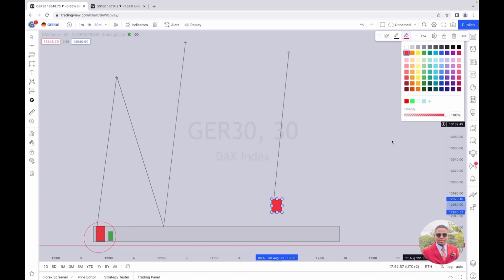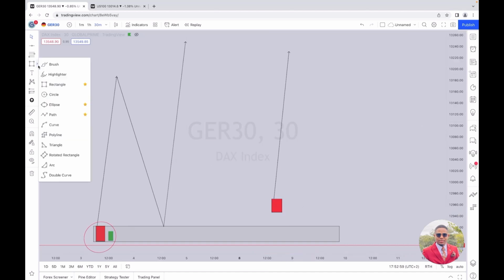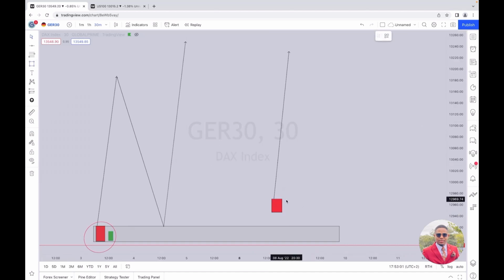This ER candlestick is going to be the red one. Then you are going to have another one, the green one again here.